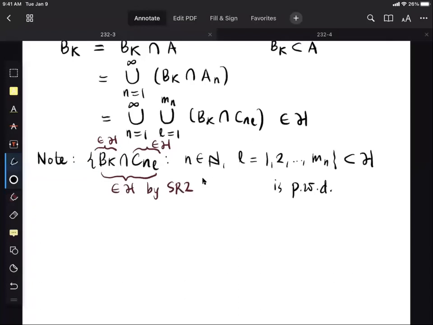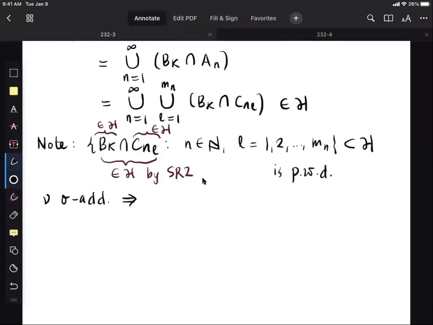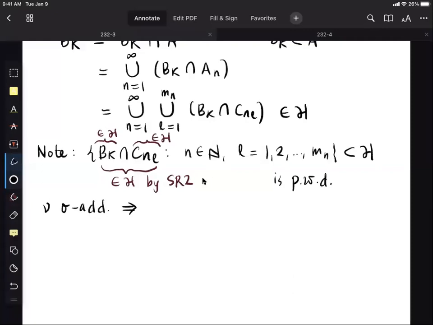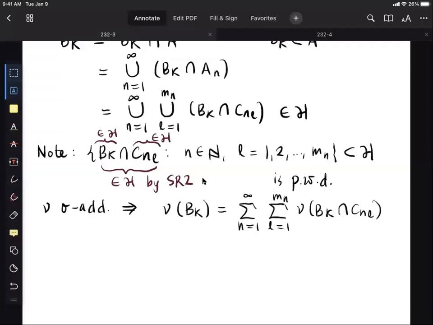Hence, applying the additivity, or more precisely, sigma additivity of the content or the pre-measure nu, this implies that the content of B sub k is the sum, n from 1 to infinity, and the sum l from 1 to m_n, of B sub k intersection C_nl. Let us put this below.